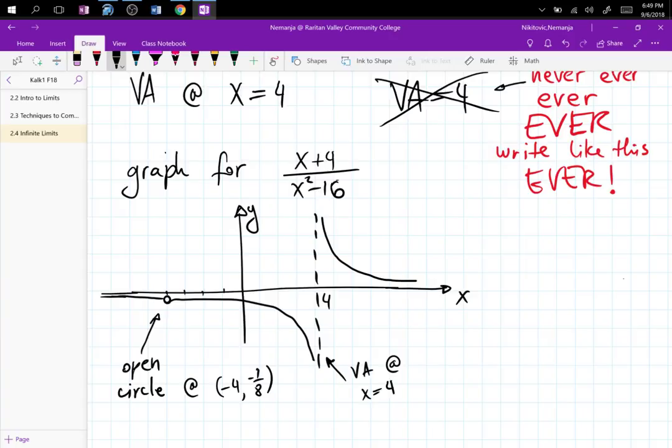If you are using the standard viewing window, this is all you're going to see. This is important because you clearly see that there is no vertical asymptote at -4, right? There will be one right here. And it will look just like this, right?